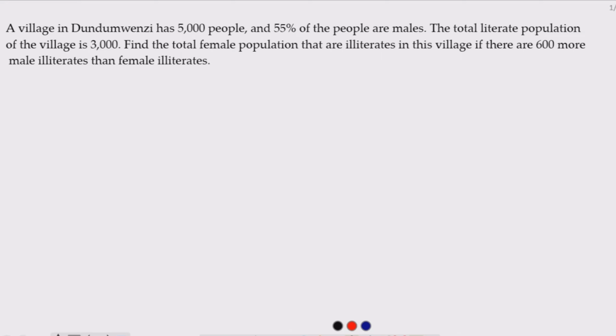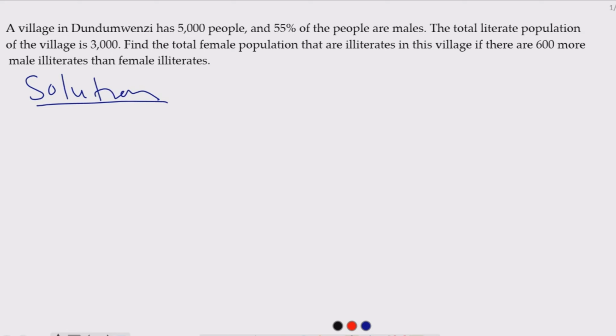Find the total female population that are illiterates in this village if there are 600 more male illiterates than female illiterates. So, a few things that we need to understand when solving this question.